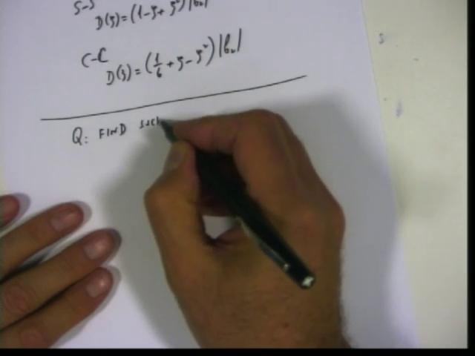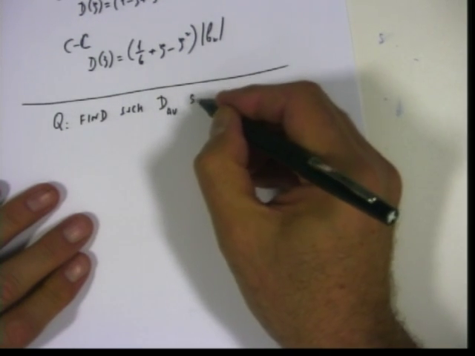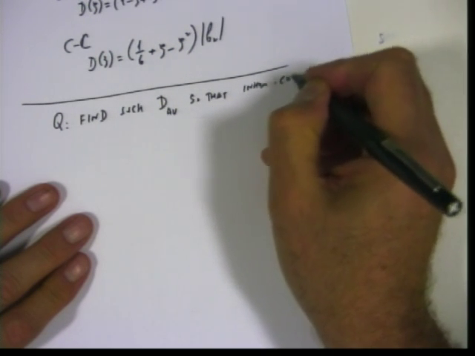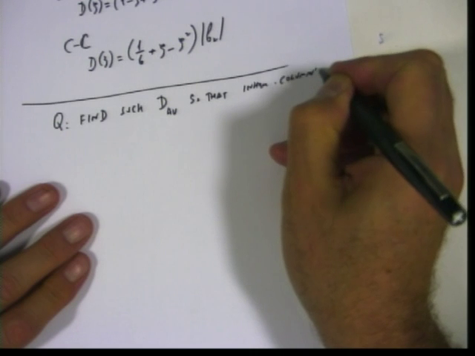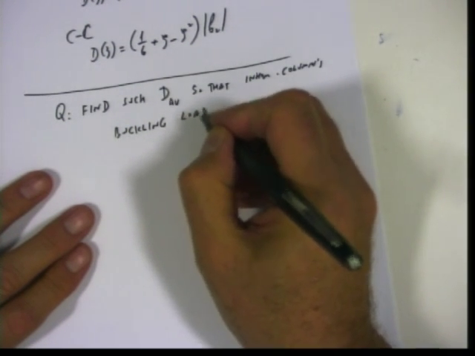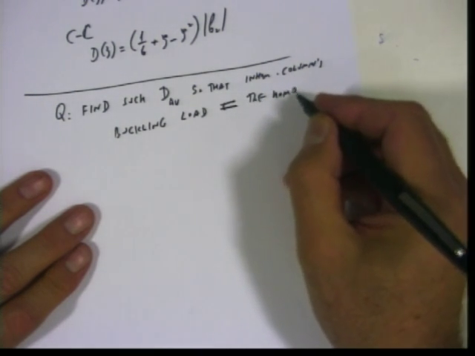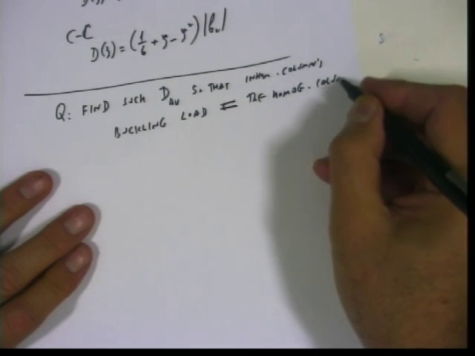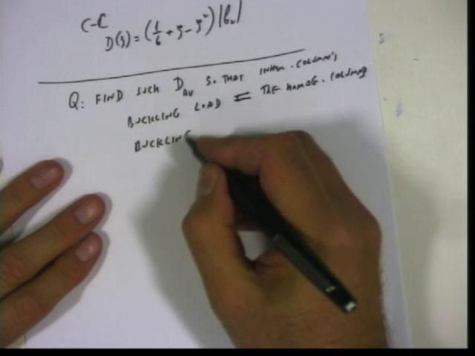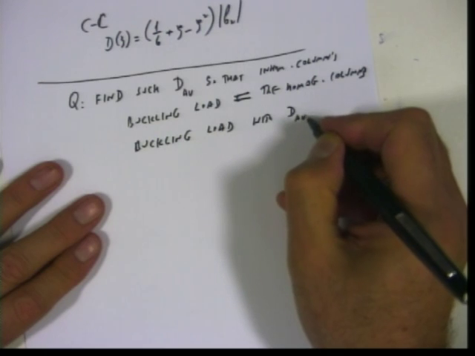Find such the average so that in homogeneous columns buckling load equals the homogeneous columns buckling load with the average.